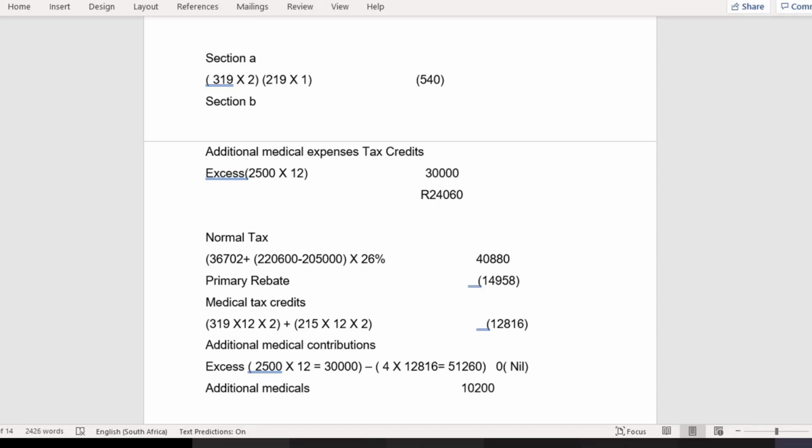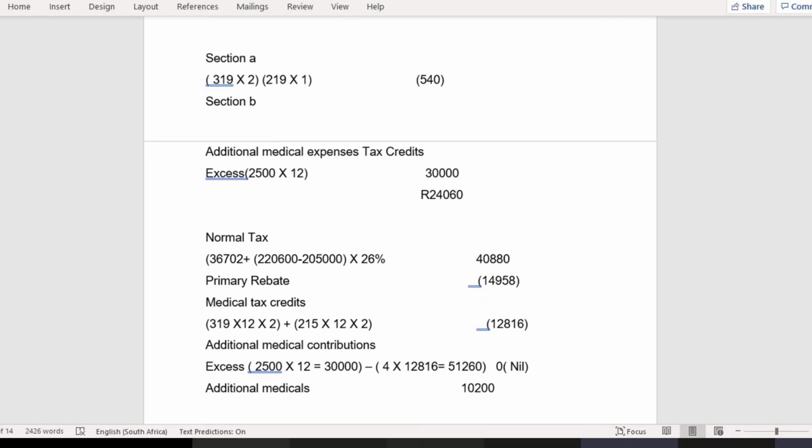Is there anything that comes to your mind as to what we do? The threshold, right? You remember the threshold, 7.5%. How do you deal with the threshold? I think in this case we're going to have to multiply it by the taxable income.